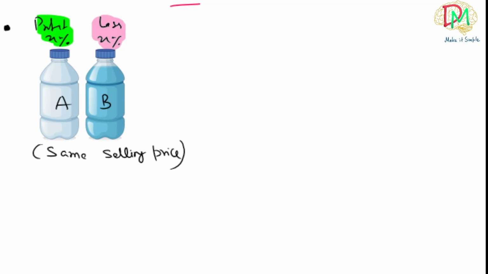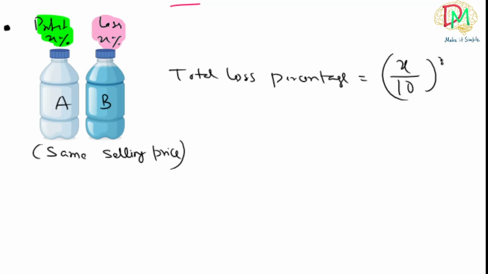Same amount of profit and loss. In this case, by selling the two products at the same price, together they incur a loss. So the total loss percentage is equal to X by 10 square. Okay, this is the shortcut.